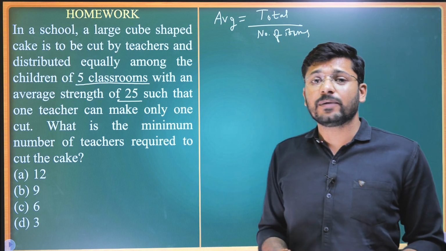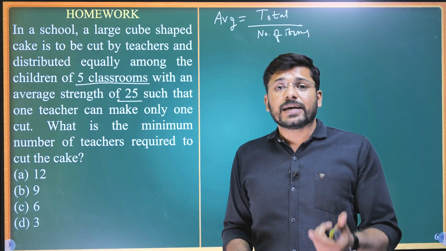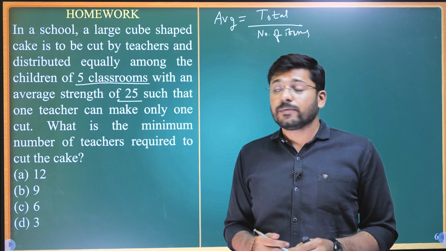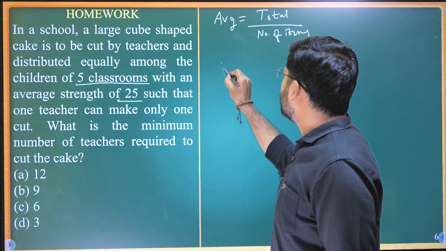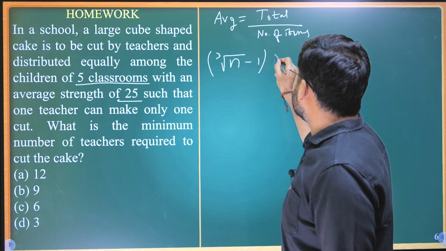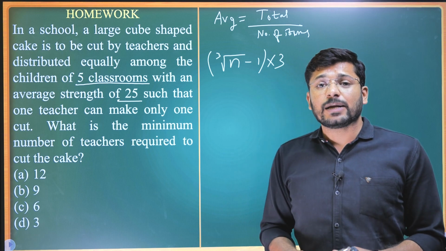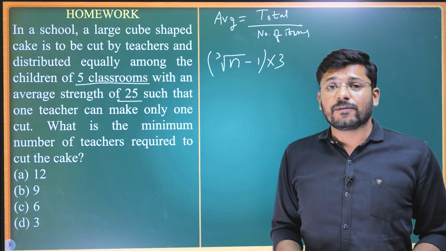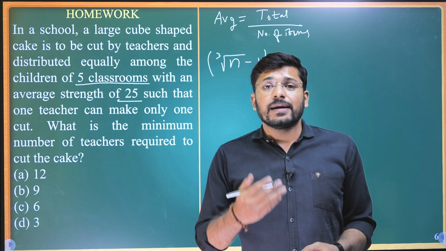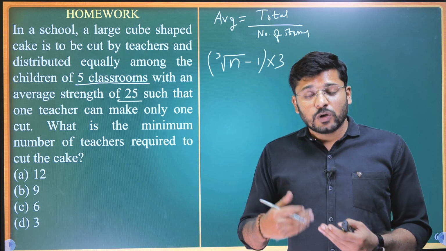That is how many children are there. Then take that number to be the number of little cubes that you require, and apply the formula. Which formula? Cube root of n minus 1 into 3. Apply this one, and that is the minimum number of cuts required. Since one teacher can make only one cut, that is the number of teachers that we will require. Do solve this one and leave your answers in the comment section. We will discuss the answer to this question in tomorrow's class.